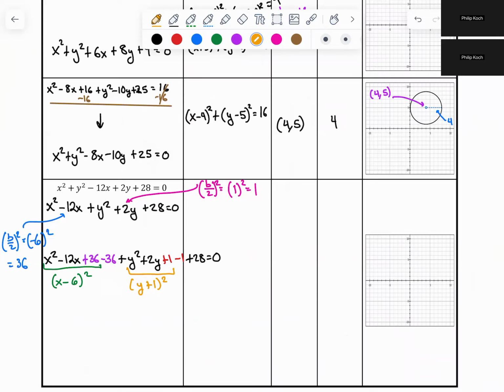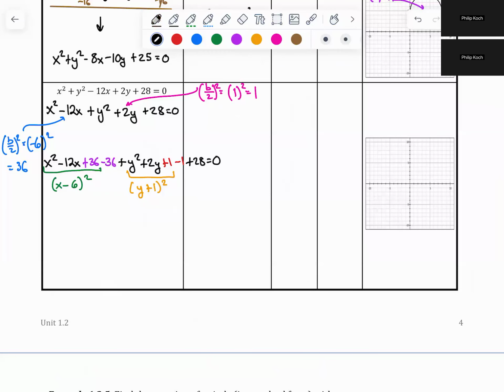And then we've got -36 minus 1, that's -37, plus 28, that should be -9, right? So we have x minus 6 quantity squared plus y plus 1 quantity squared minus 9 is equal to 0. Because -36 minus 1, that's -37.